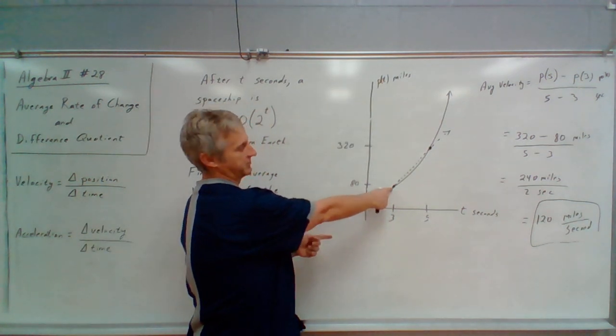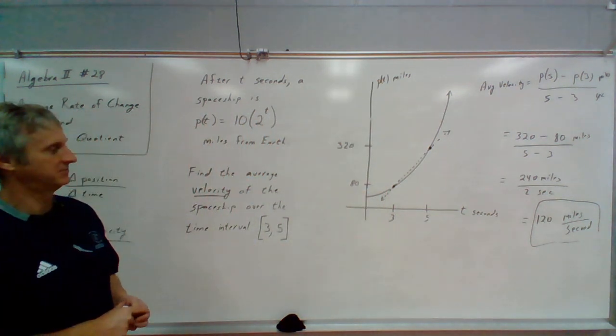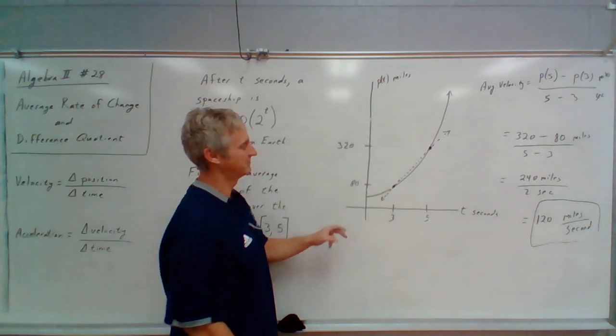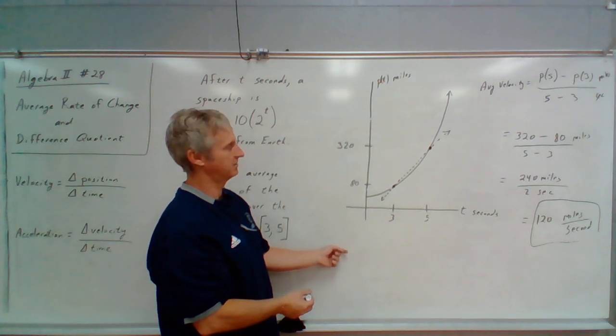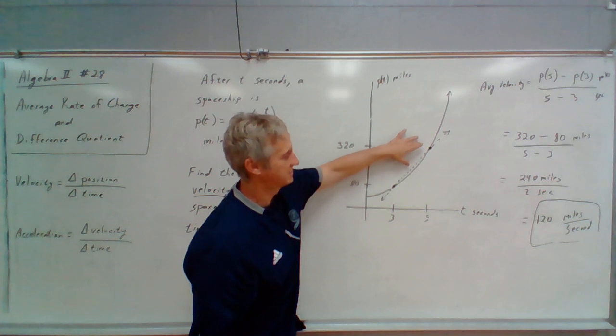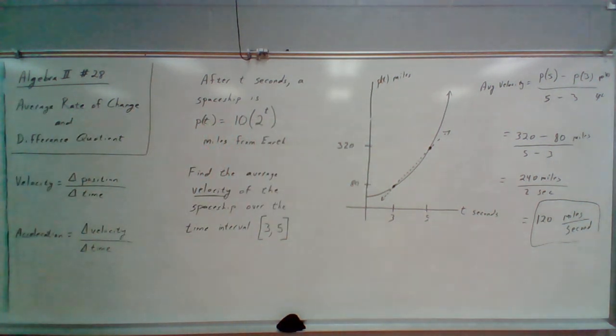Here at 3 seconds, it was going slower than that. We don't know exactly how fast it was going. When you take calculus, you'll be able to figure that out. Here at 5, it was going faster than 120 miles per second. We don't know exactly how fast, but it's something faster than 120. But somewhere in between here, the spaceship was going 120 miles per second.